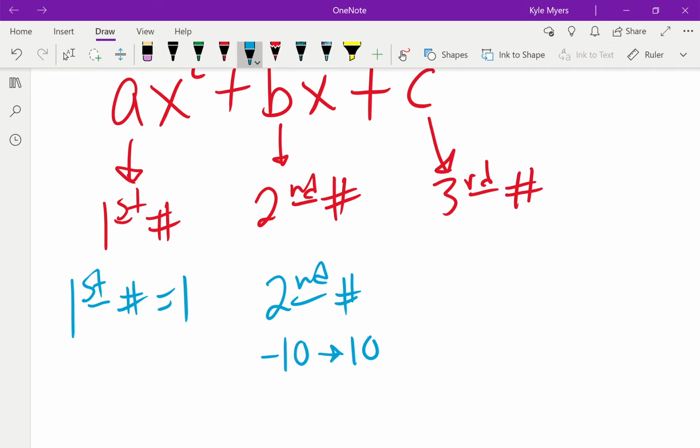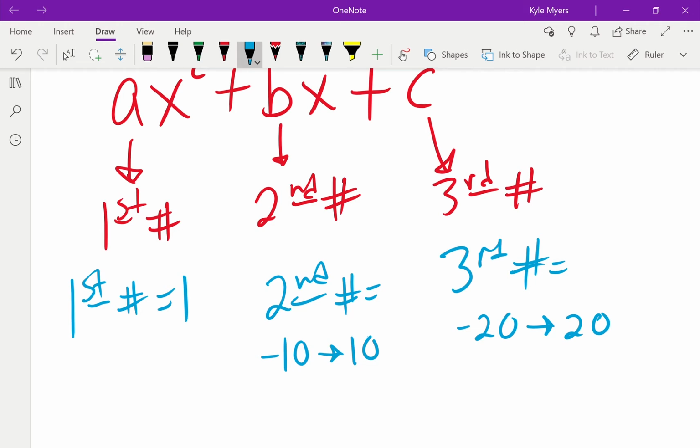Those are the middle numbers I'm going to do factoring videos on. And then the third number is going to be all the numbers between -20 and 20, as long as the middle number is between -10 and 10 as well. So it's both. It's not just one or the other, right?